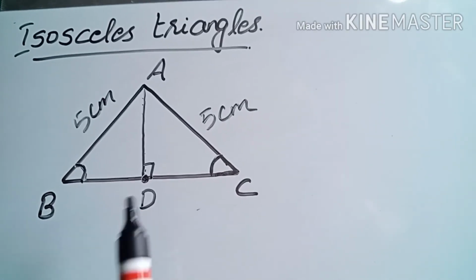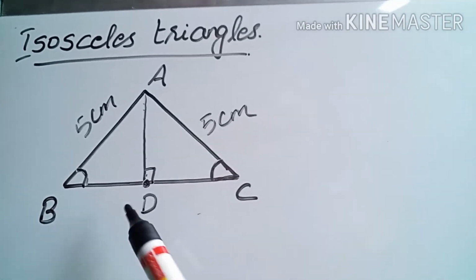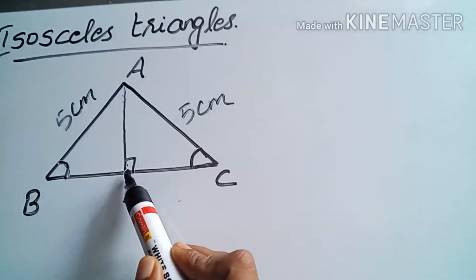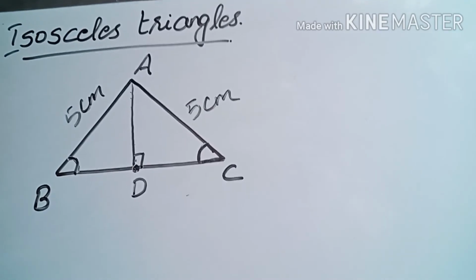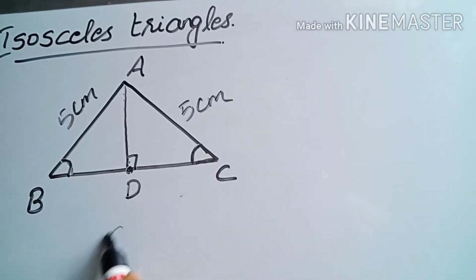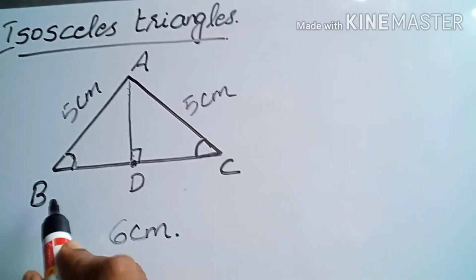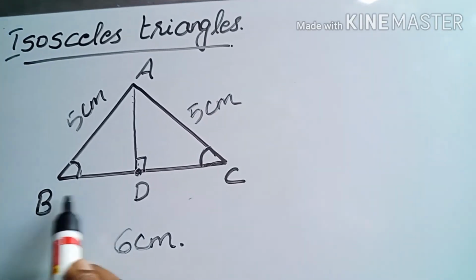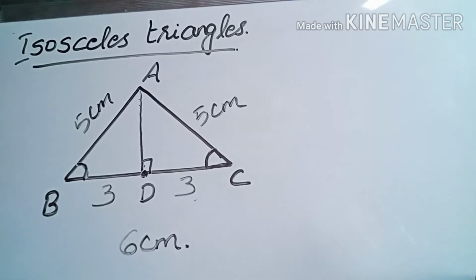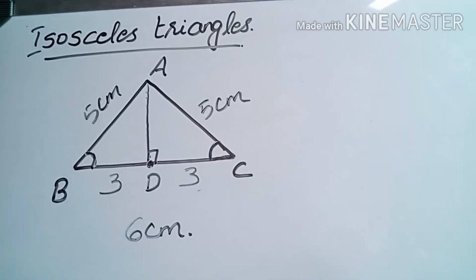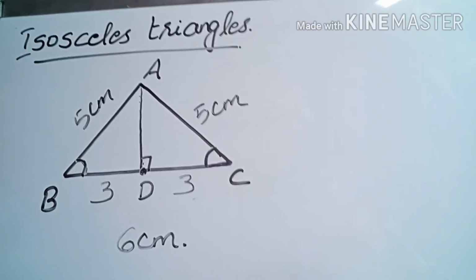This is a speciality of an isosceles triangle. That means here the perpendicular line ends at the point D. So BD and DC will be equal. For example, suppose BC is 6 centimeter, then DB will be 3 and DC will be 3. Okay, so these are the specialities of an isosceles triangle.